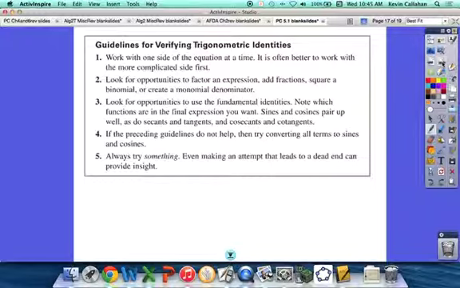Those are all things that we just did in that first section. And look for opportunities to use fundamental identities. Number 4, if anything you did up here doesn't work, turn everything into sines and cosines. Okay, we did that one too. Right. So everything we did there we'll use in the second section.